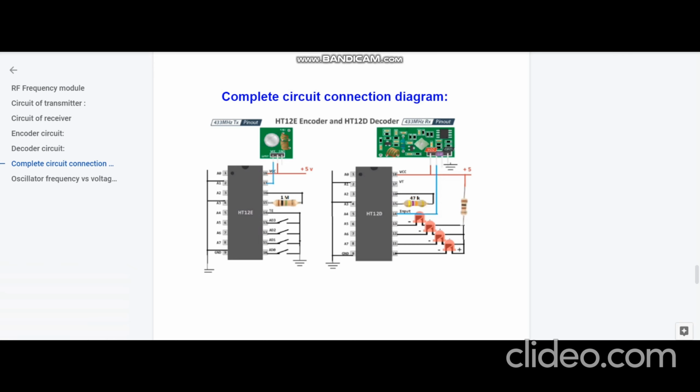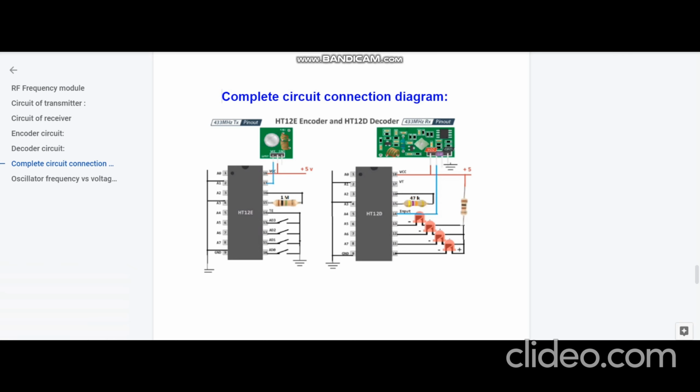Connect pin number 18 of decoder IC ST12D and the VCC pin of the receiver module to the positive supply voltage. Here my supply voltage is 3.7 volt, and hence I am connecting it to 3.7 volt. Connect a 33 kilo ohm resistance across pin number 15 and 16 of the ST12D decoder IC.